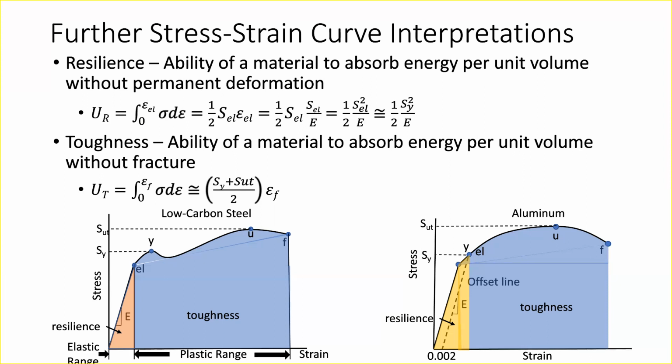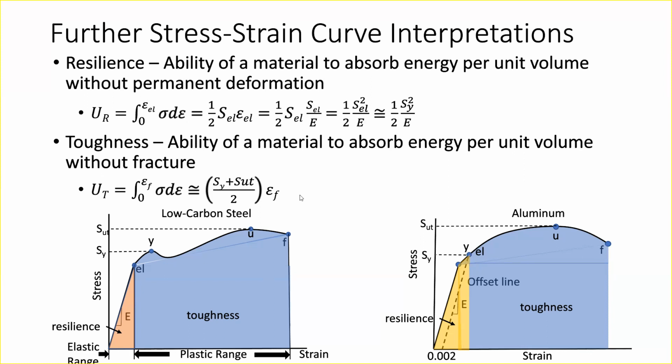The resilience is just up until the elastic limit, so it is defined rigorously as the integral up until the elastic limit on the strain. You can define that in different ways, but the toughness is similar, except you're integrating up until the failure point.